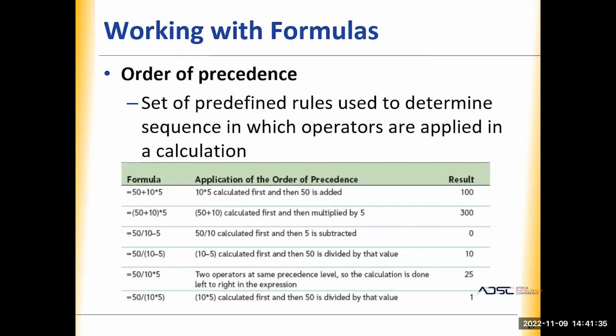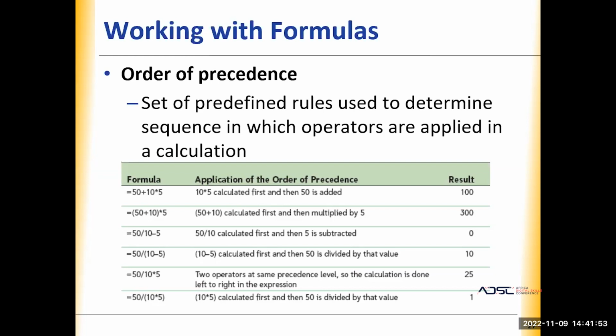So formulas in Excel also have an order in which they work. We have a set of predefined rules used to determine the sequence in which operators are applied in a calculation.